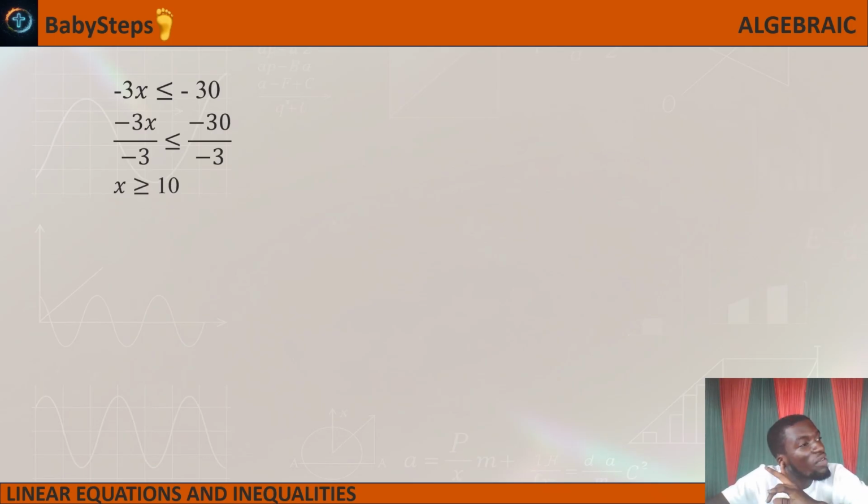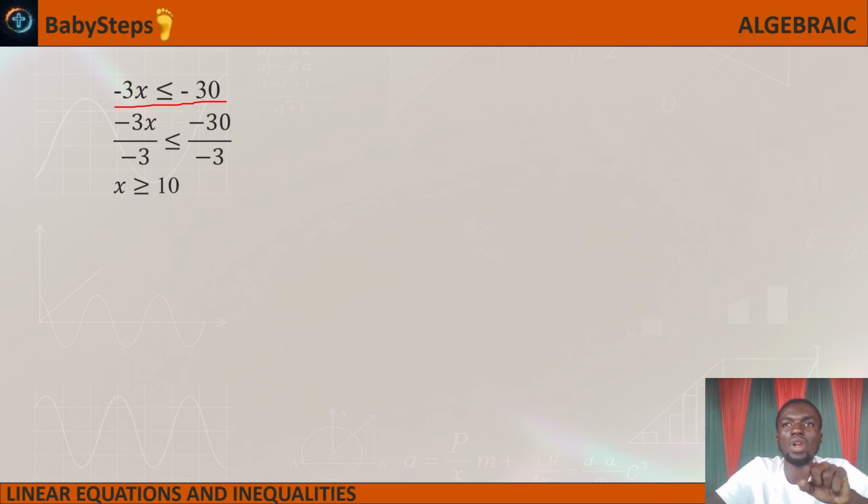Now, from this point, when you divide through by a particular sign, let's say it is negative here and you are dividing through by negative, the x will become positive.